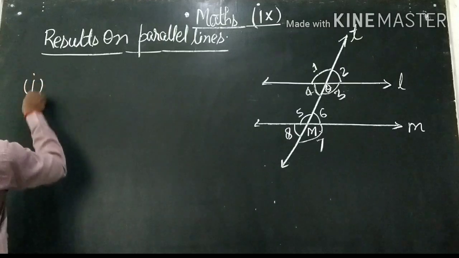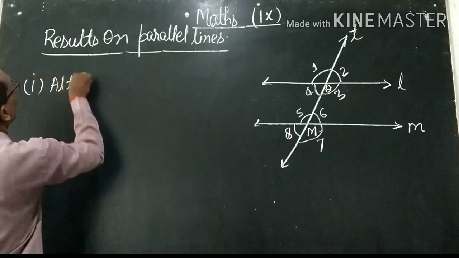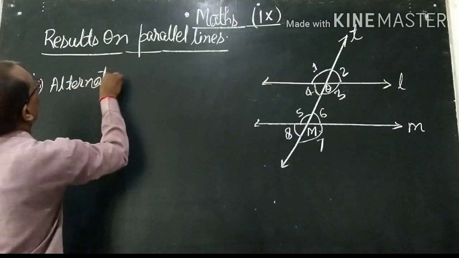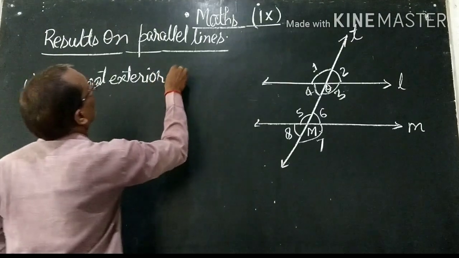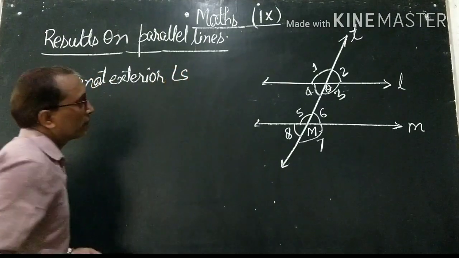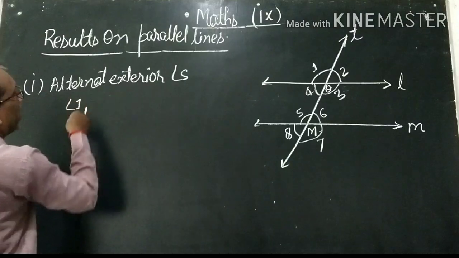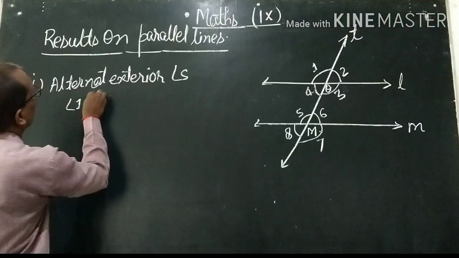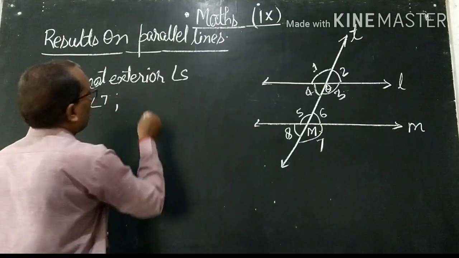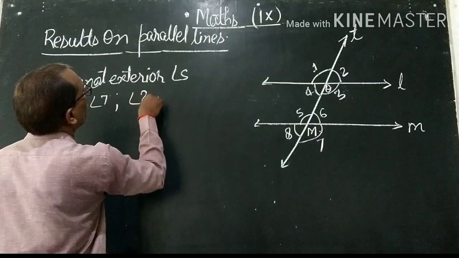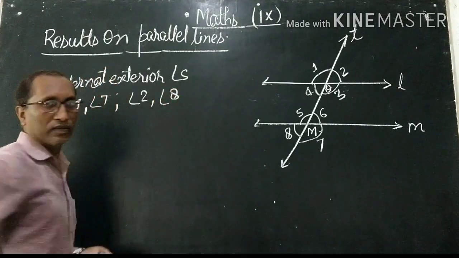First, alternate exterior angles: angle 1 and angle 7, angle 2 and angle 8.